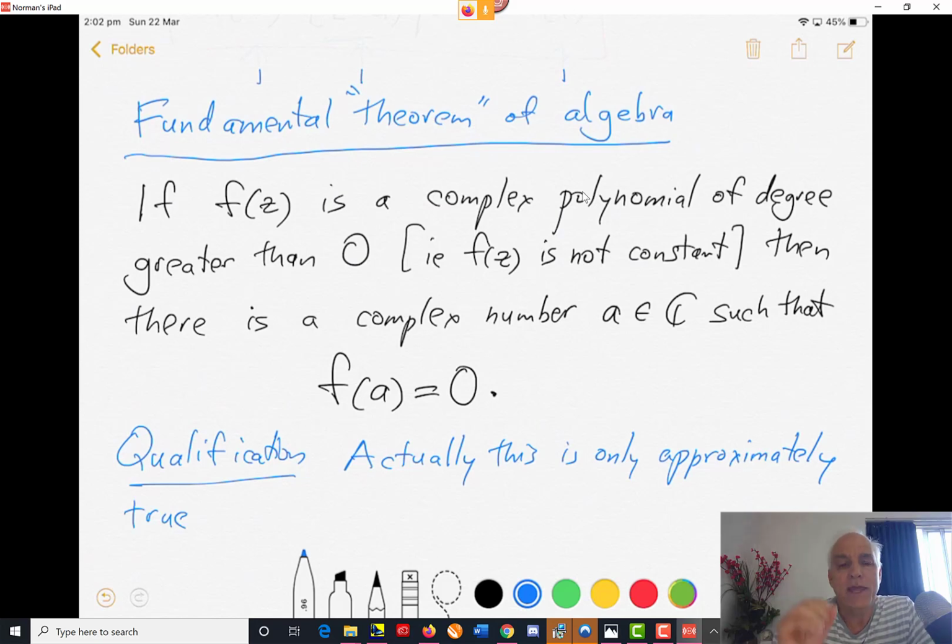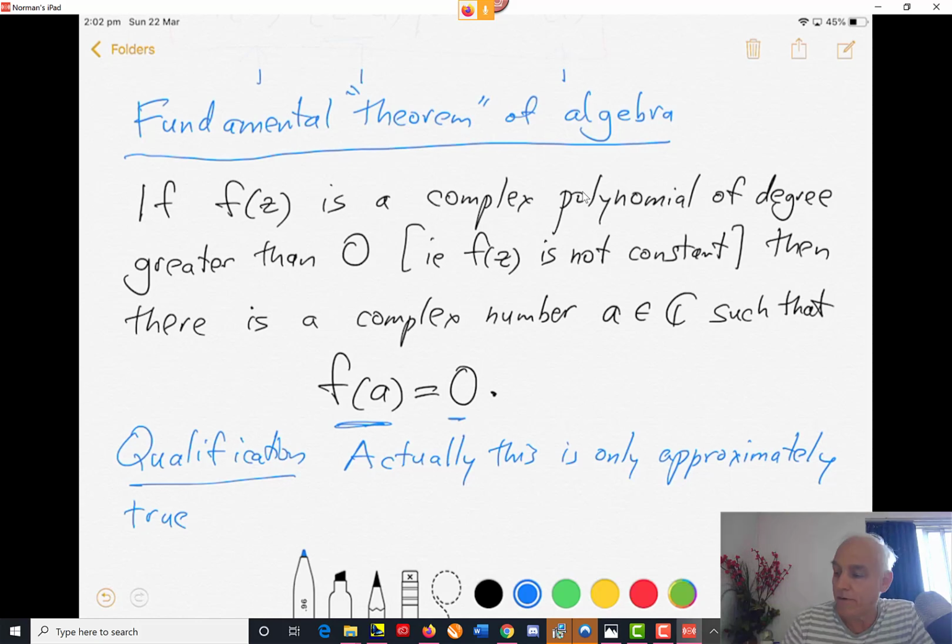That is, we can get complex numbers in the complex plane that are pretty close to being zeros, where the discrepancy between f of a and 0 is small, and we can get that smaller and smaller, but we can never, in general, get rid of it altogether. Nevertheless, this is still a completely remarkable fact. It's one of the truly remarkable fundamental aspects of mathematics, and it has huge consequences, even if it's just an approximate statement.